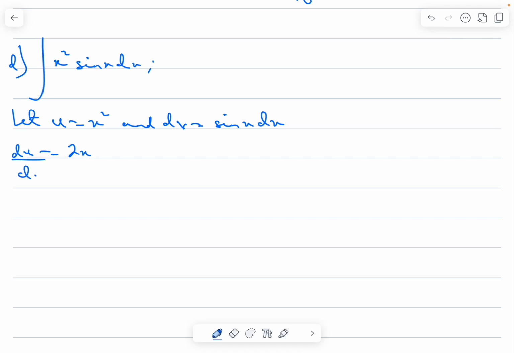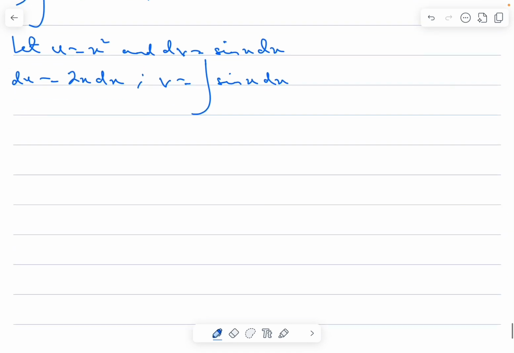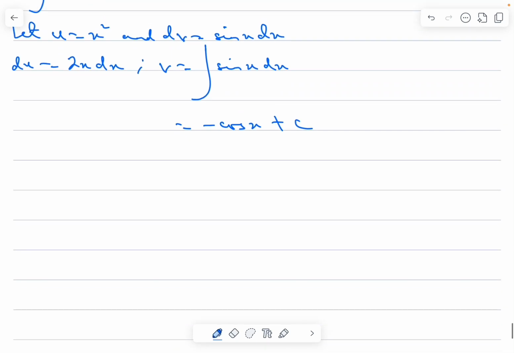Of course, du/dx is 2x. That means du itself is 2x dx. And v is the integral of sine x dx, which means the integral of sine x is minus cos x. That's minus cos x plus c.